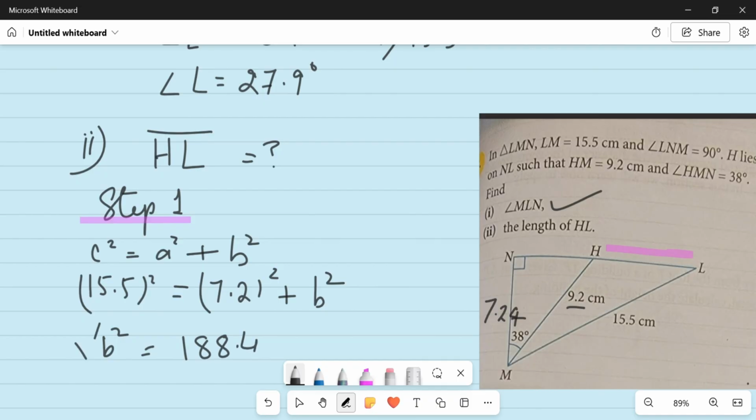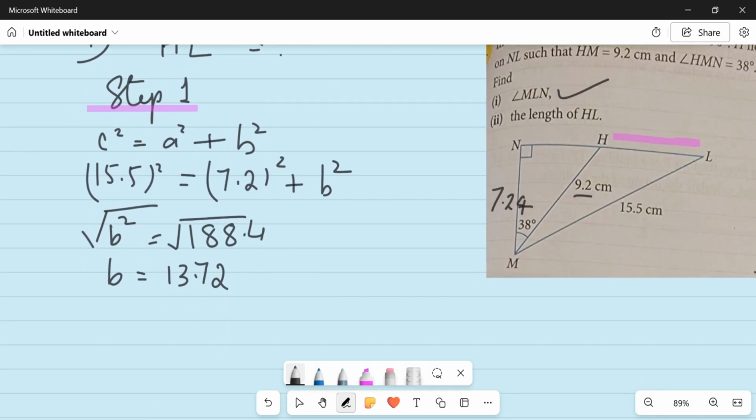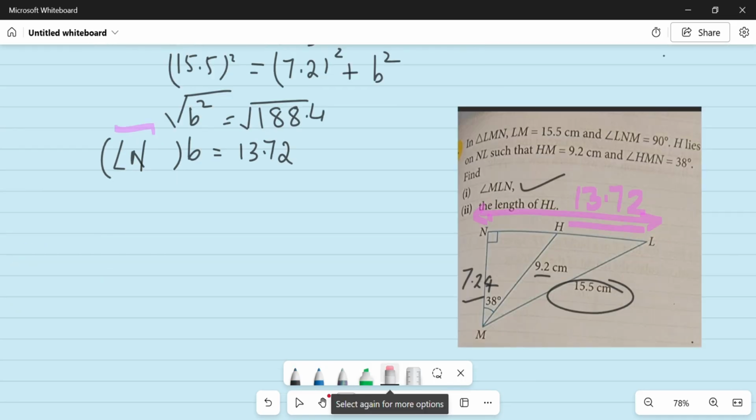Then taking the square root, b is 13.72. B is basically NL.